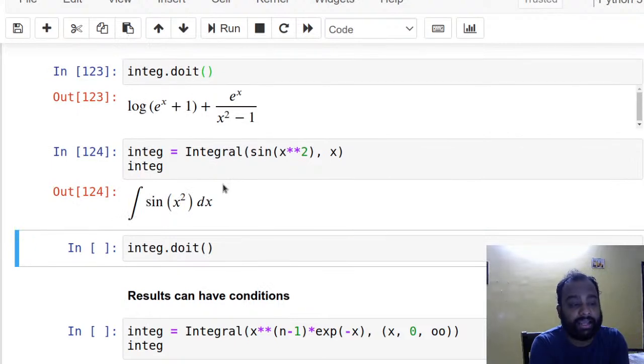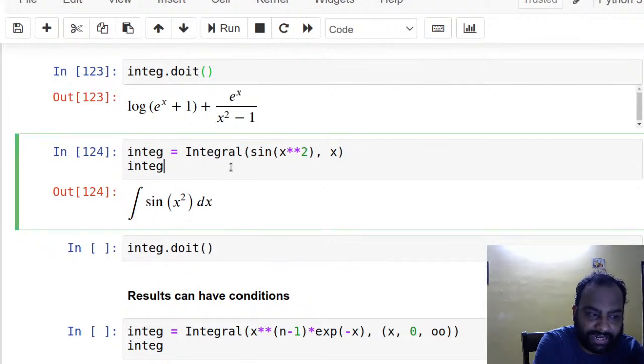Now here, what we are doing is an indefinite integral, right? Indefinite integrals in mathematics have a better name. It's called antiderivative, right? Essentially you are looking for the function for which the derivative is this one. That is what we mean by saying indefinite integral.